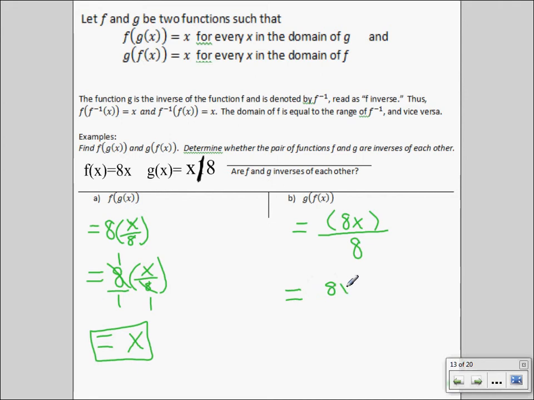Okay, and if you notice, 8x over 8, the 8's will cancel out, leaving you with just x. And since we're both able to get x from these two, these are inverses of each other.